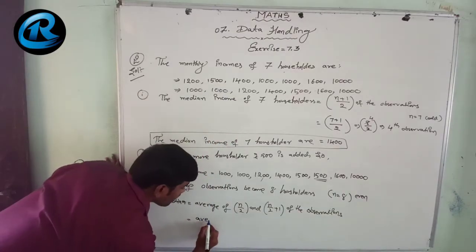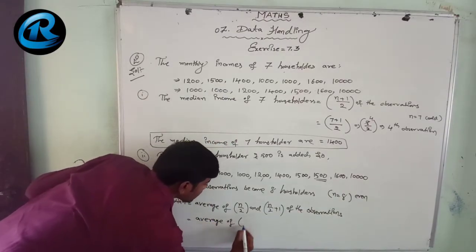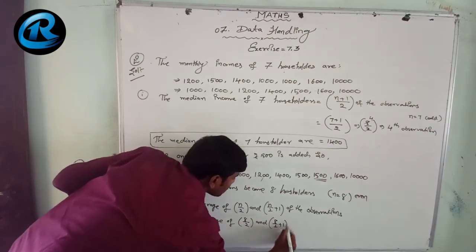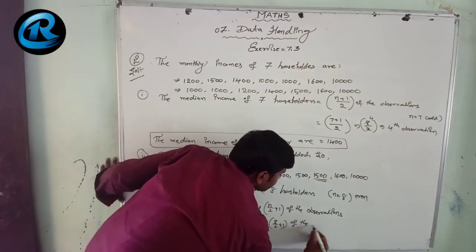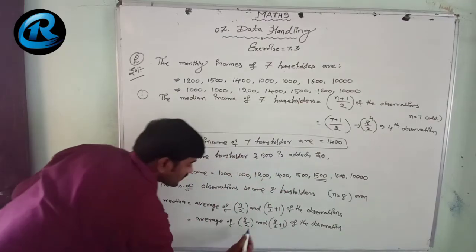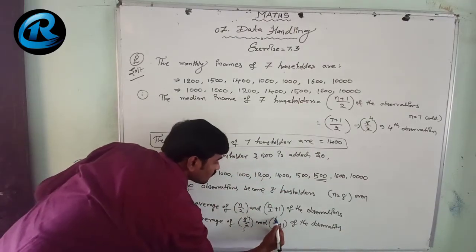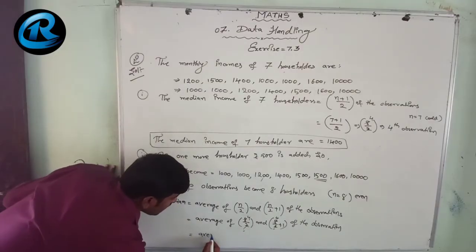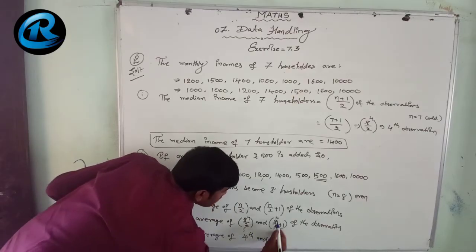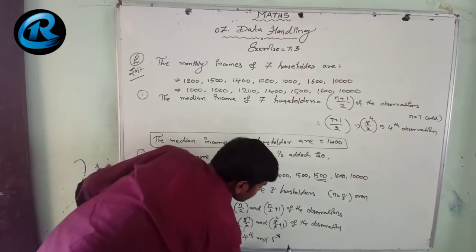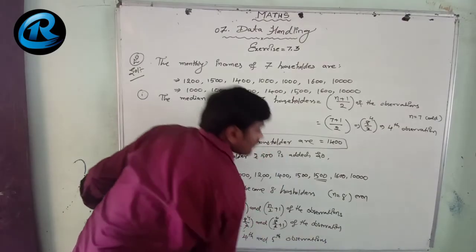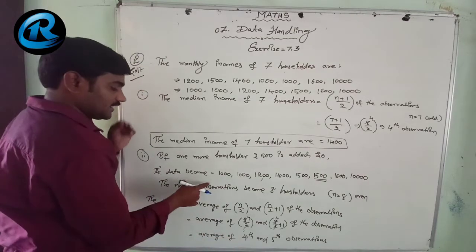The average of 8 by 2 and 8 by 2 plus 1 of the observations. Here 2 fours are 8, that means the average of the fourth and 4 plus 1, fifth observations.